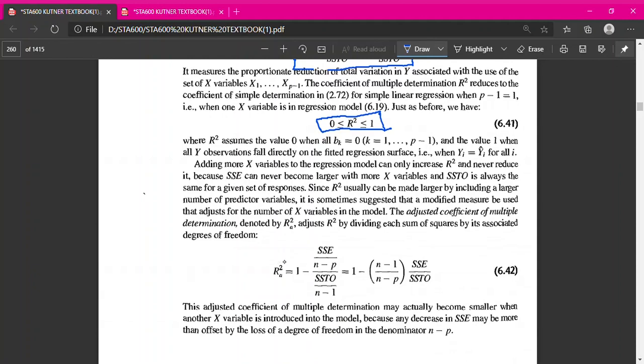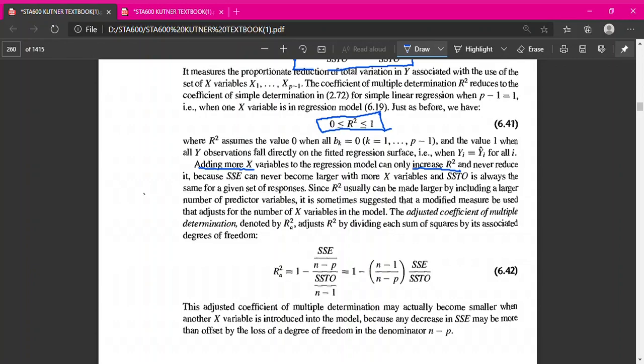Adding more X variables to the regression model can only increase the R square and never reduce it because SSE can never become larger with more X variable. Okay, and SST is always the same for a given set of the responses.